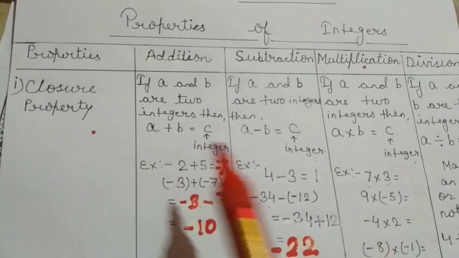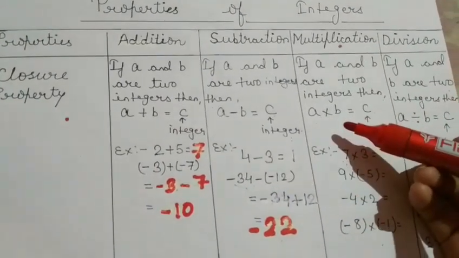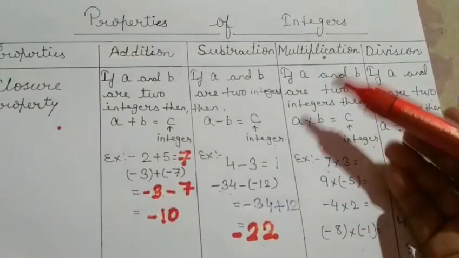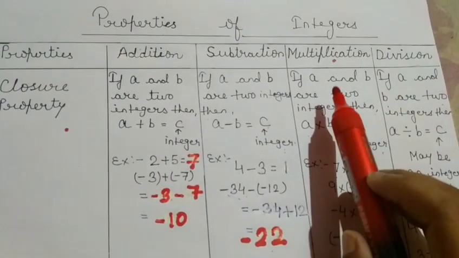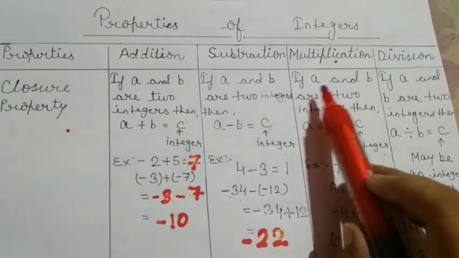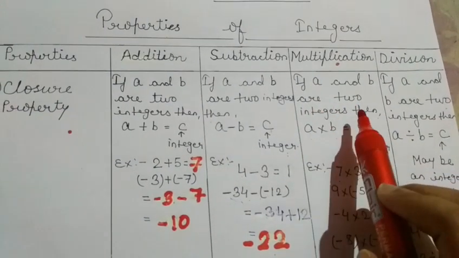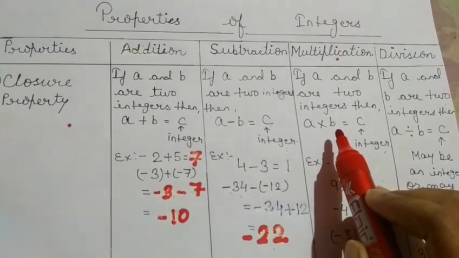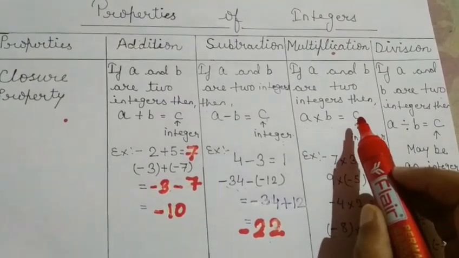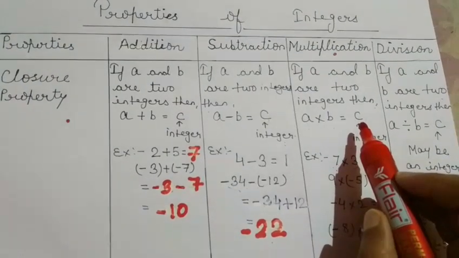Okay, now our next operation is multiplication. In multiplication also we take a and b, two integers, and we will check product of two integers also an integer.